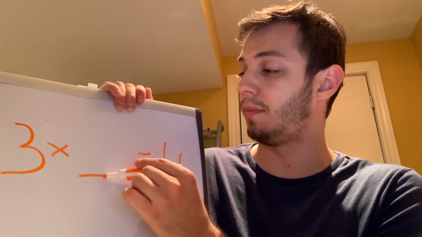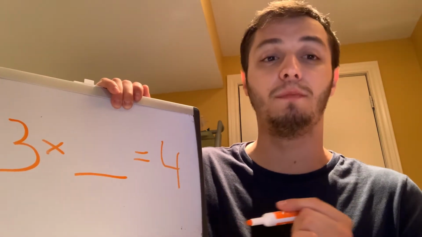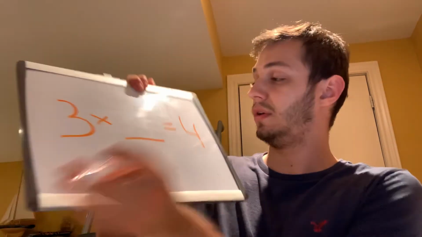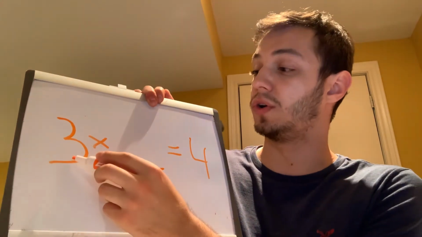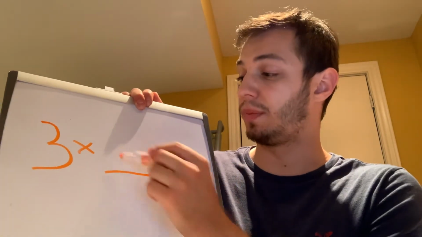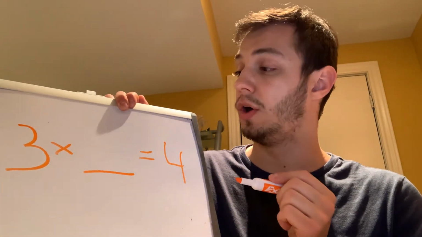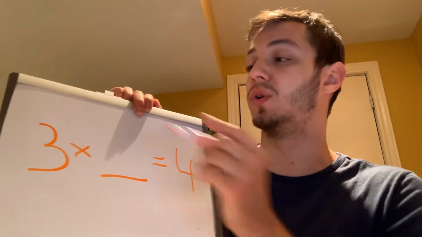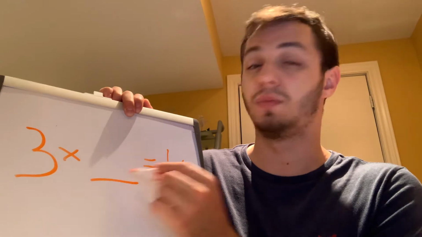That means the number I'm multiplying the 3 by will be more than 1. So that's all they want to show us, guys. That if the number you end up with is bigger than the number you started out with, that means you're multiplying by a number greater than 1. But if the number you end up with is smaller than the number you started out with, that means you're multiplying by less than 1.